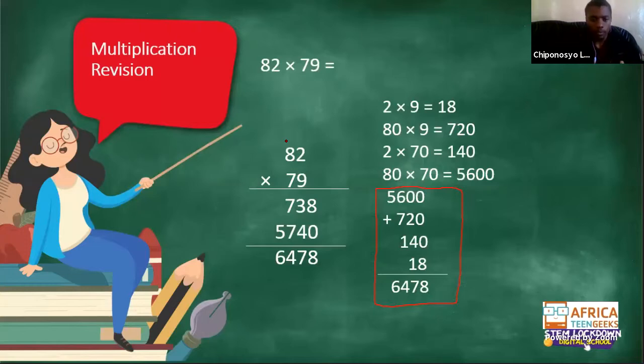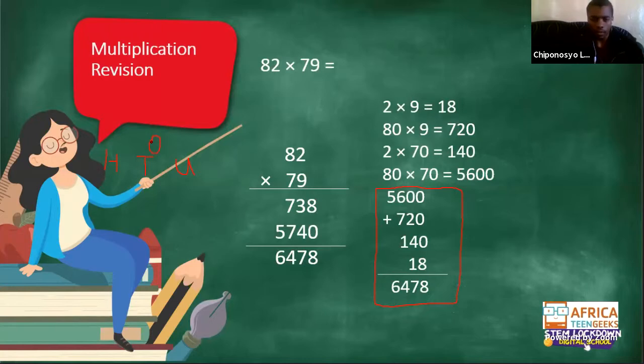In place value, you've got hundreds, you've got tens, you've got units. Whenever I'm multiplying with the units, I'll never put a placeholder. But if I'm going to multiply with the tens, I'm going to have 0 as a placeholder.